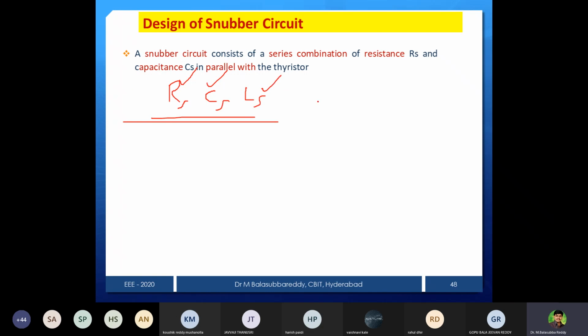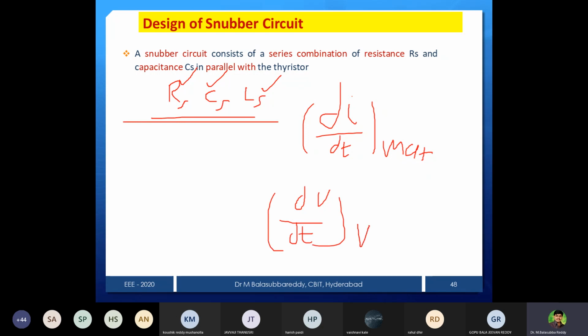You need to find the appropriate values based on the di by dt max and dv by dt max, which they give in the nameplate details.